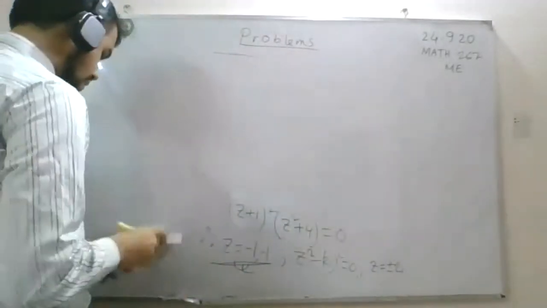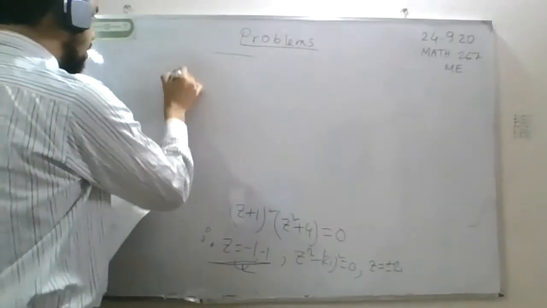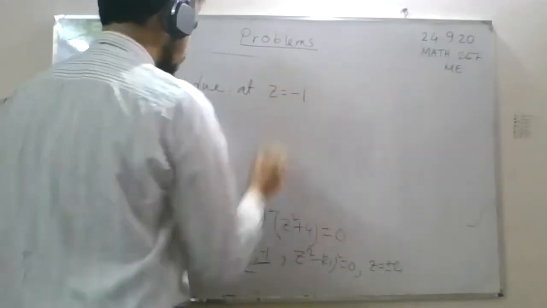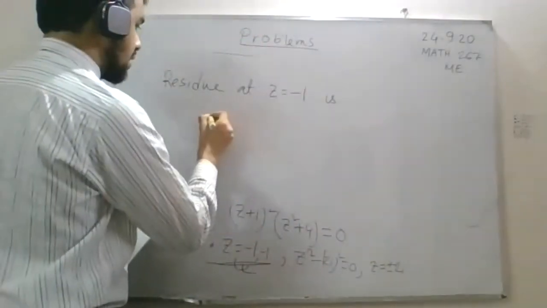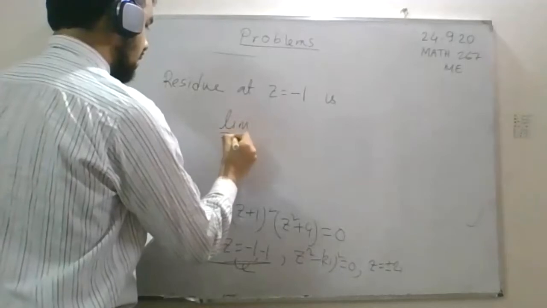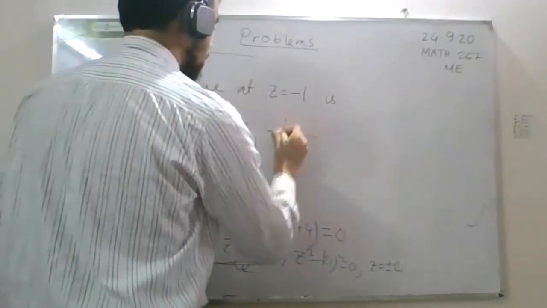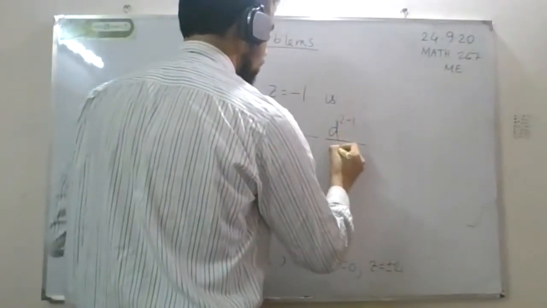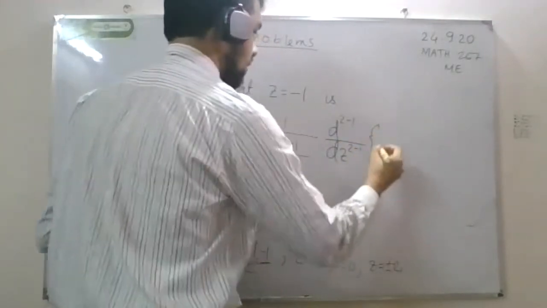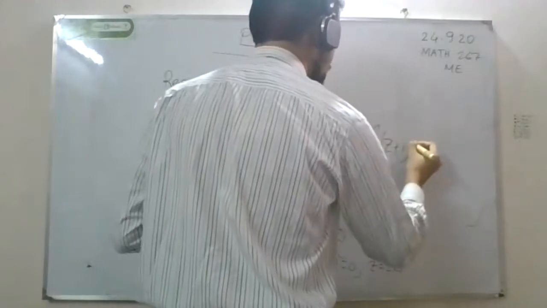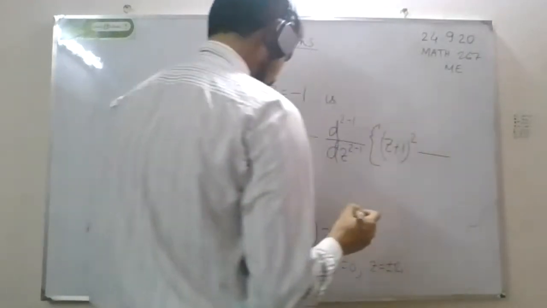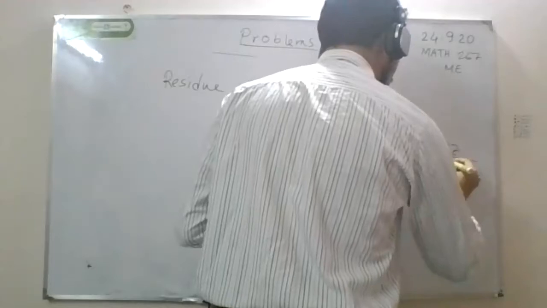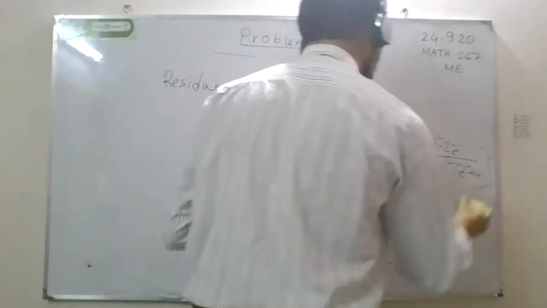Let me say the residue at −1 is limit z tends to −1 of 1/(2 − 1)! times d^(2−1)/dz^(2−1) of (z + 1)^2 f(z), and we already know that f(z) = (z² − 2z) / ((z + 1)² (z² + 4)).